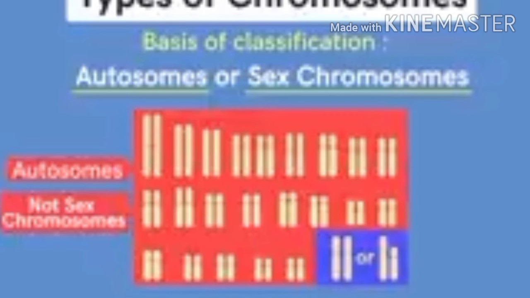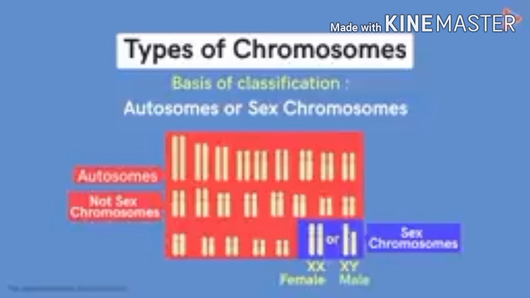The gametes produced by an organism contain a single set of chromosomes. They are called haploid. So the gametes are normally in the haploid condition. Next one is karyotype. Karyotype means the number, size, and shape of chromosomes in the cell nucleus of an organism.